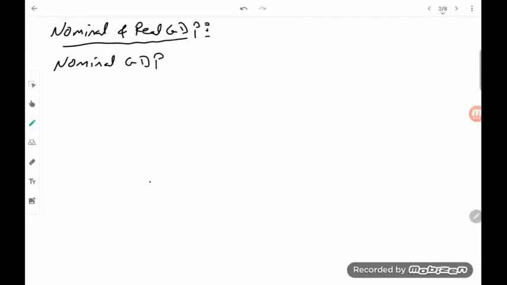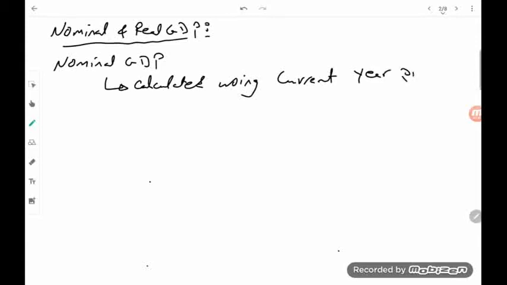So nominal GDP is GDP calculated using current year prices. Nominal GDP is the market value, which means price multiplied by the quantity of all final goods and services.